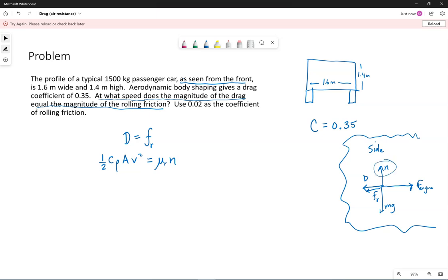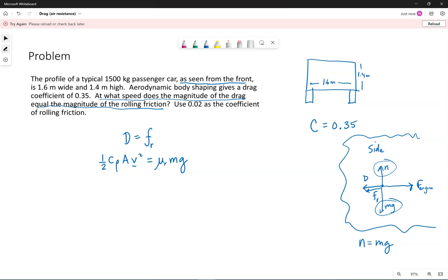In our free body diagram, the only forces in the y direction are the normal force and the force of gravity. Cars just driving down the road, there's no acceleration in the y direction. So it is valid to say that the normal force would equal mg in this case. So I'm going to come back and replace N with mg.